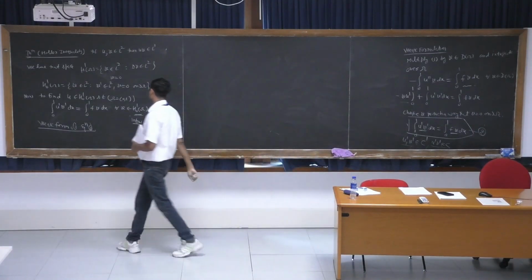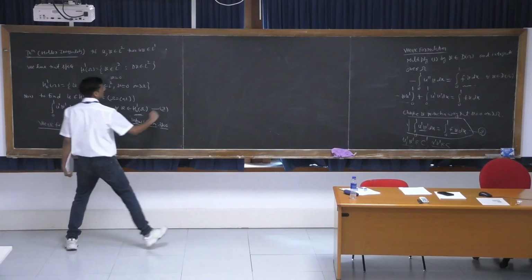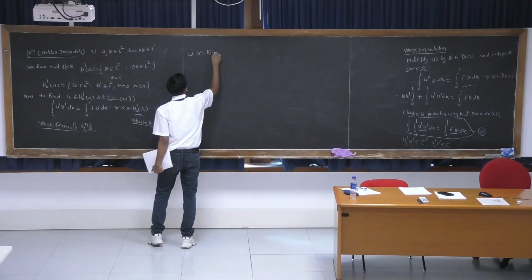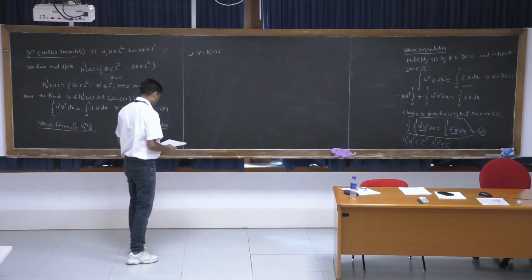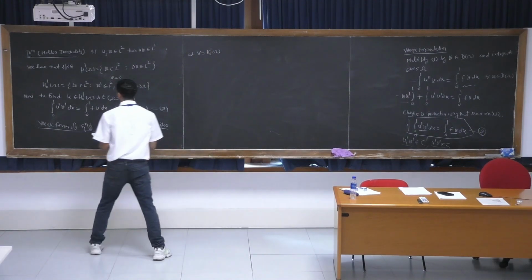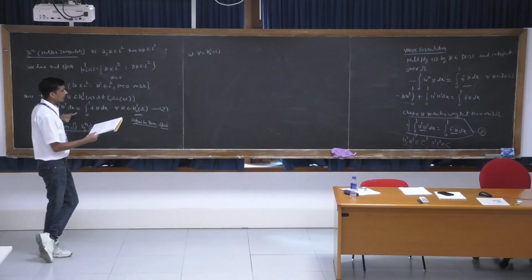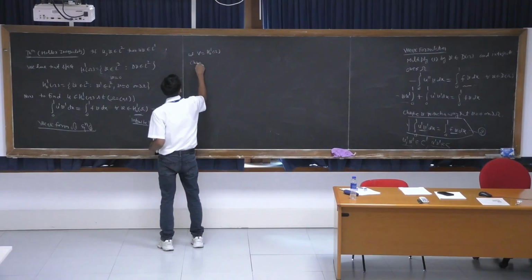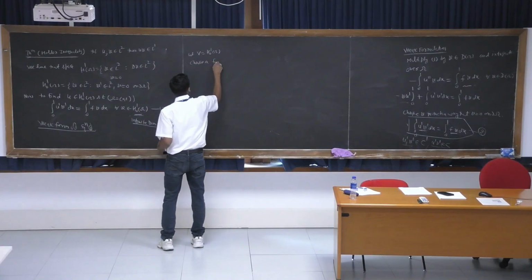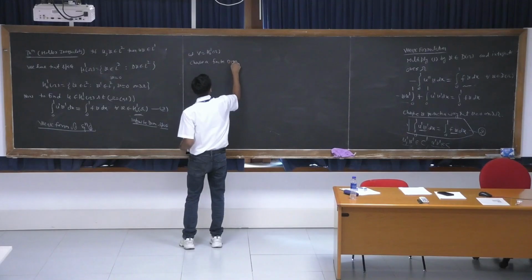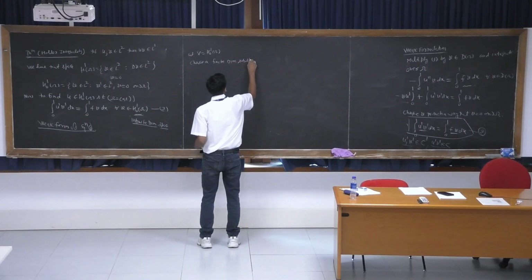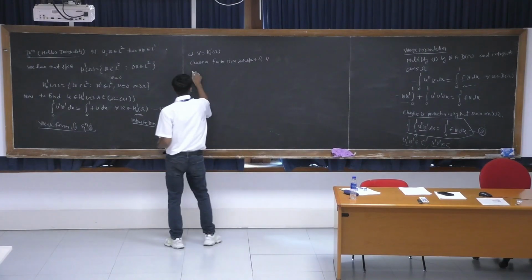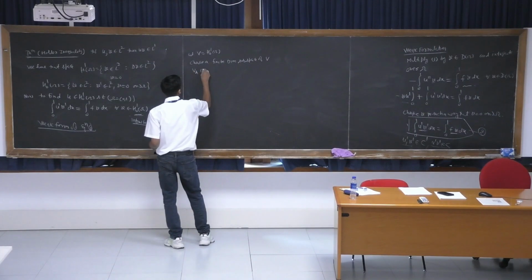So if I am saying here, let capital V is equal to H01. So now for the solution of equation number 1, I will choose a finite dimensional subspace of V, say VH.